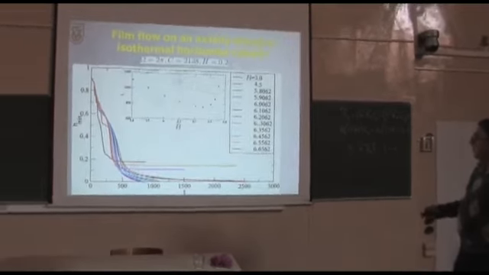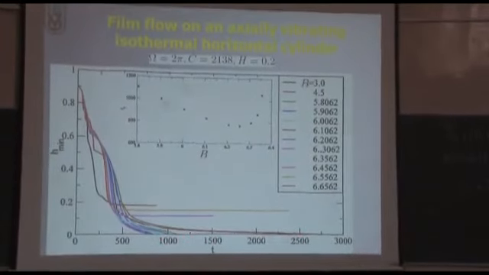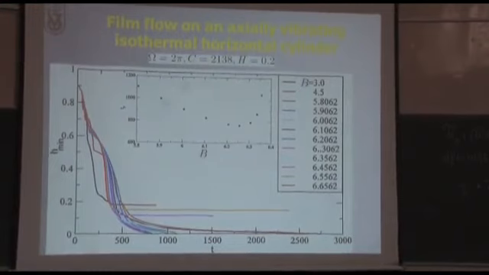And actually, the rupture time is quite non-monotonic with B. But what's interesting is that for these three cases, corresponding to the largest values of B, everything else goes to 0, which means at some moment the film will rupture, sooner or later. Here, it seems to live forever. So it's sort of a constant.